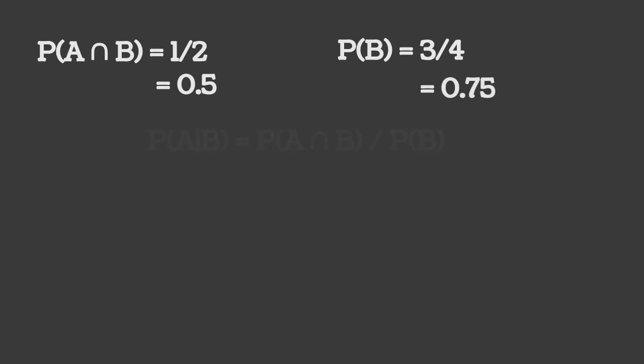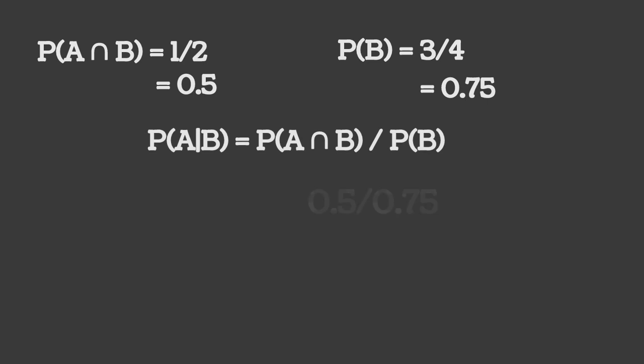By the time you divide that, you have 0.75. Next, you input your probability of A intersection B and the probability of B into your formula, which will give you 0.5 divided by 0.75. By the time you do that, you have approximately 0.67 as your final answer. So that's how you solve for conditional probability.